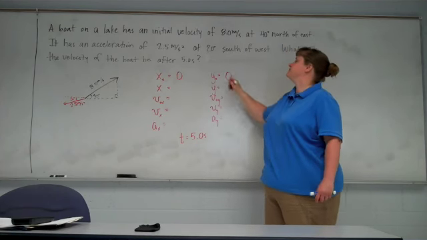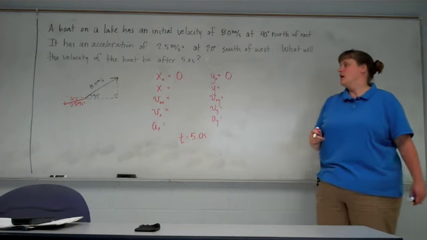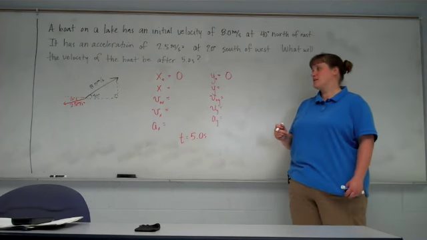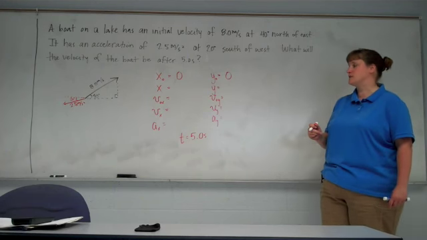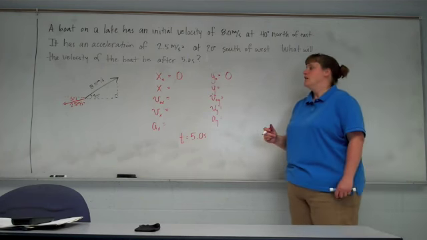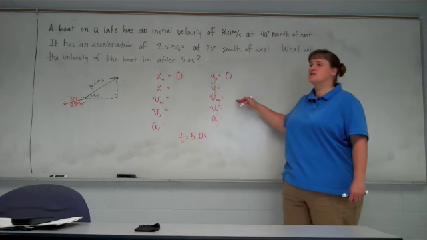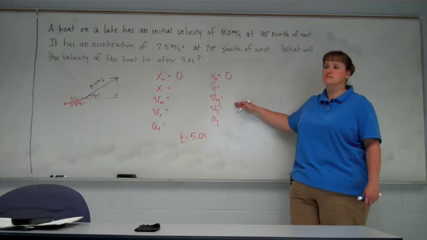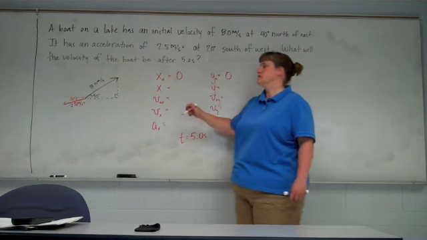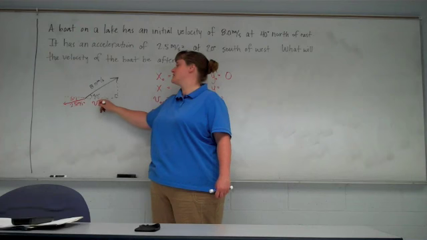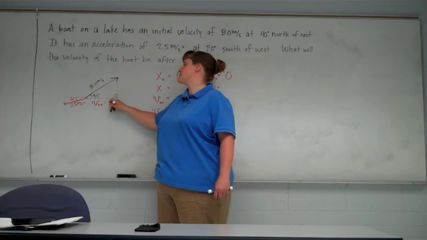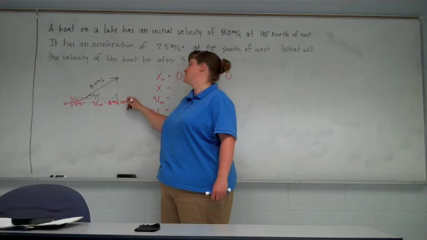Sounds good to me. We don't know where the boat ends up. X and Y final, we don't know. The initial velocity in the X and Y direction. Exactly. Initial velocity in the X direction will be 8 meters per second times the cosine of 40.